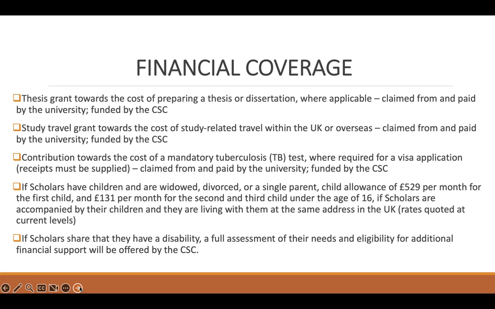You can leave your family behind because you're expected to return back. So you are not given an allowance for your family. That's the difference between the PhD coverage and the master's coverage. Based on disability, they actually cover the funds also to make the scholar comfortable. So the next slide.